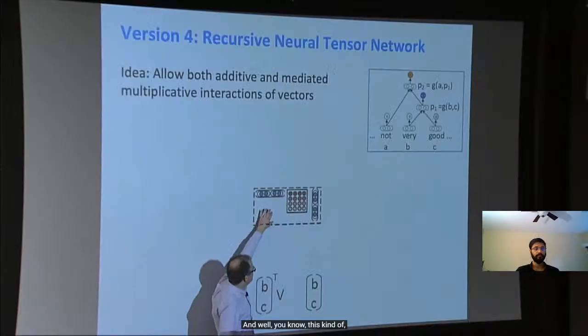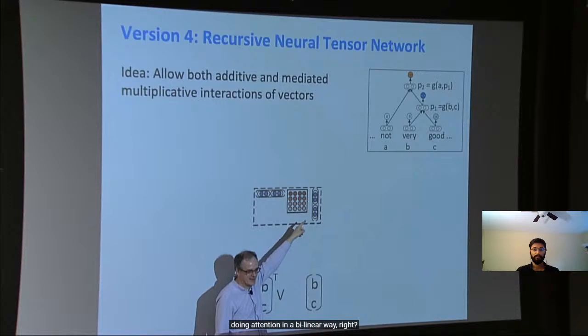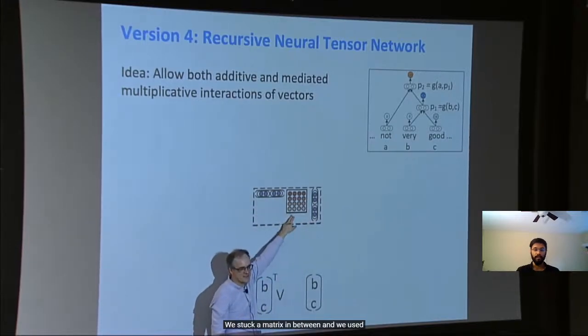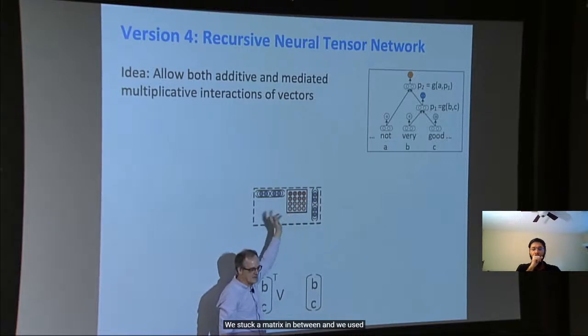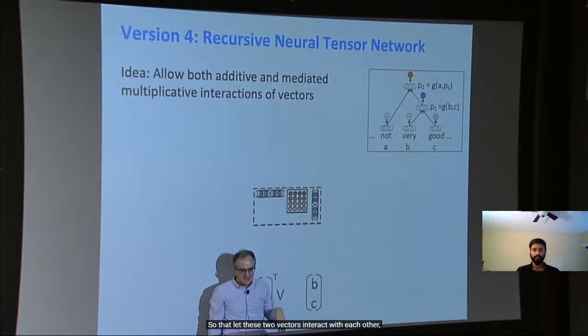And well, this is the picture of what we did when we were doing attention in a bilinear way, right? We had vectors for two words, we stuck a matrix in between, and we used that and got an attention score out. So that let these two vectors interact with each other, but it only produced one number as the output.